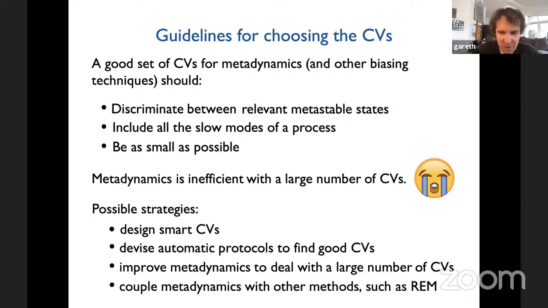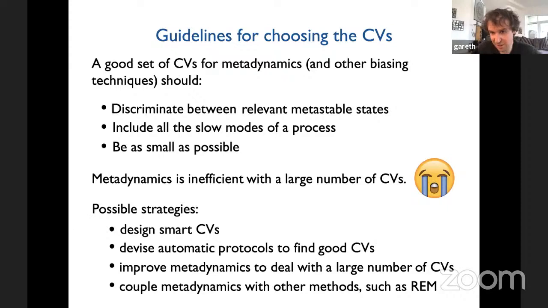There are lots of people now trying to devise CVs using machine learning, and you'll find lots and lots of papers in the literature with people using various different flavors of this to design smart CVs.